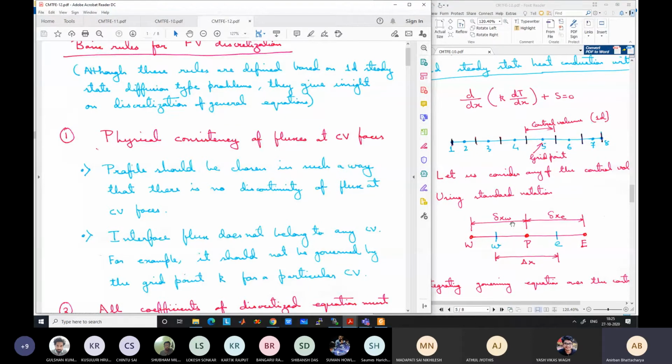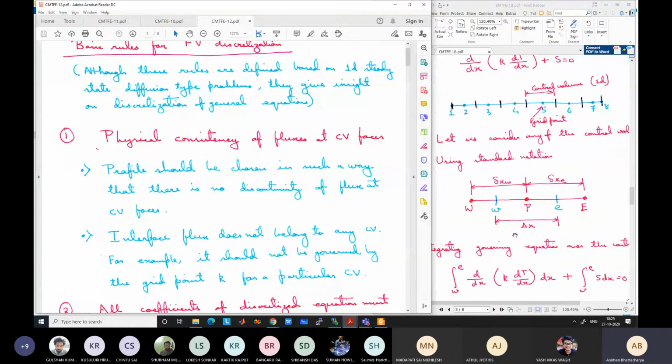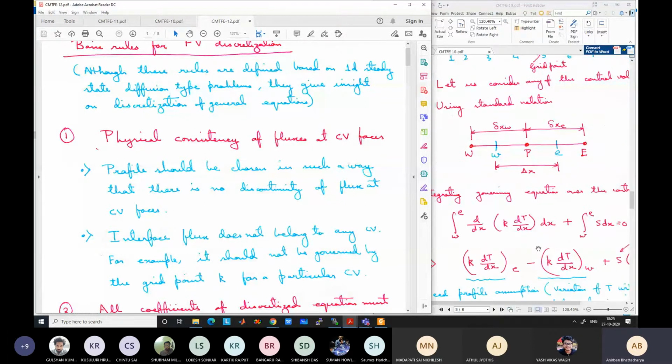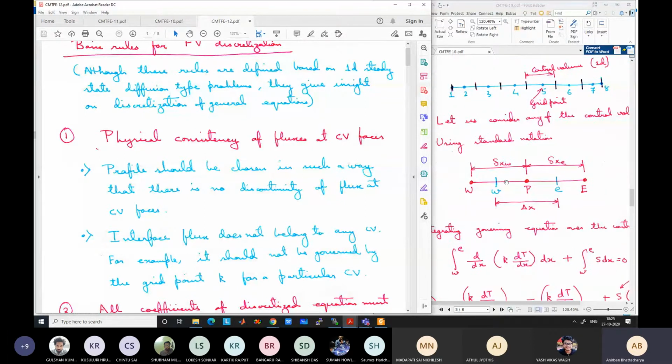The other thing that needs to be considered here is that the interface conductivity should not be calculated just based on the grid point conductivity. For example, if we are doing the calculation for grid point P, I cannot just directly write that small k_w is equal to K_P, assuming that so small a change will occur.